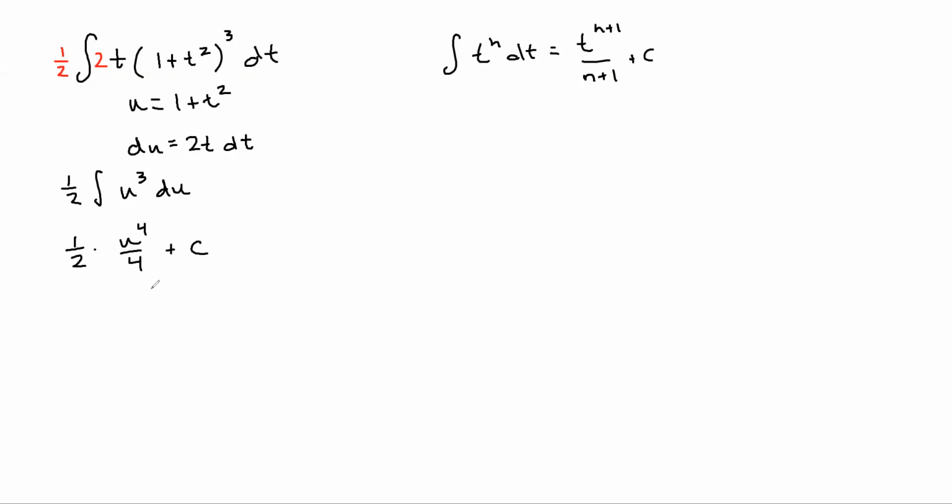Okay, and we'll end up with u to the fourth over 8 plus c. And then you can substitute your u back in, and you'll get 1 plus t squared to the fourth over 8 plus c. Okay, and so that's going to be our antiderivative, or our indefinite integral for that function.